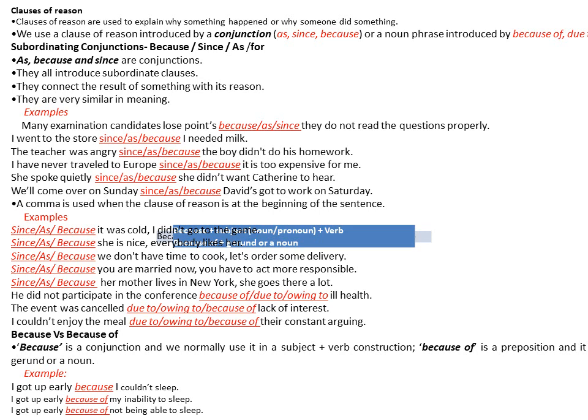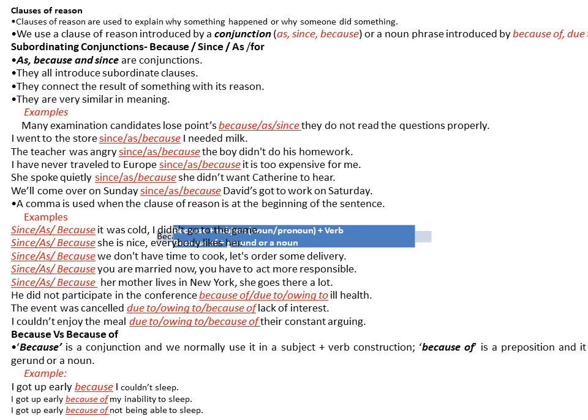Second example: since, as, or because she's nice, comma, everybody likes her. Another example: as, since, because you are married now, you have to act more responsibly.